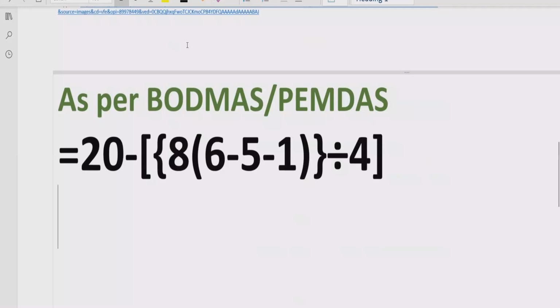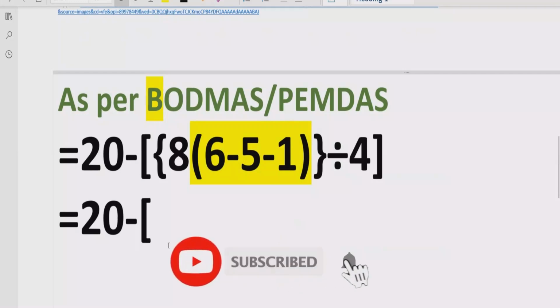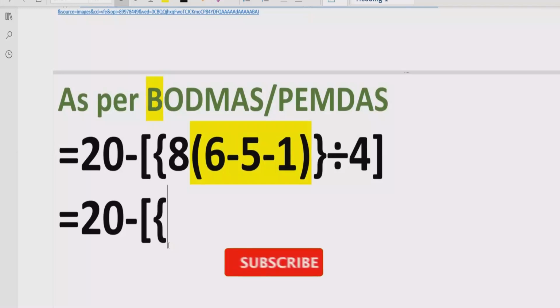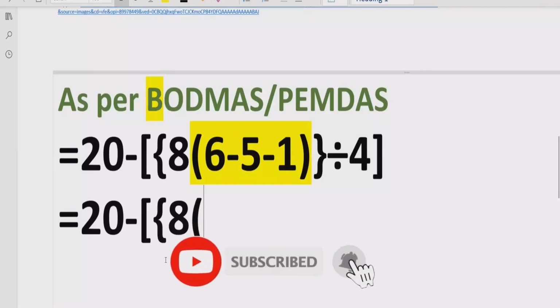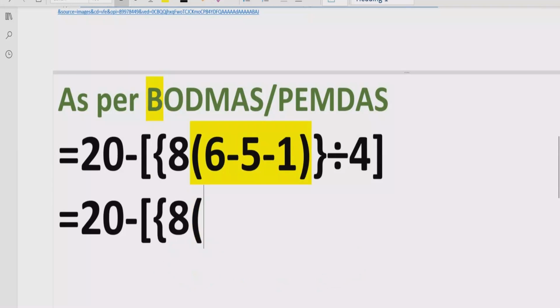Now, let's talk about how we can solve this given expression. According to the BODMAS and PEMDAS rule, we have to solve the bracket first. First of all, we have to solve this bracket, which is 6 minus 5 multiplied by 1. So first we will write 20, because we will solve the bracket inside the square bracket first, and the other parts I am writing as it is right now: 8, 6.